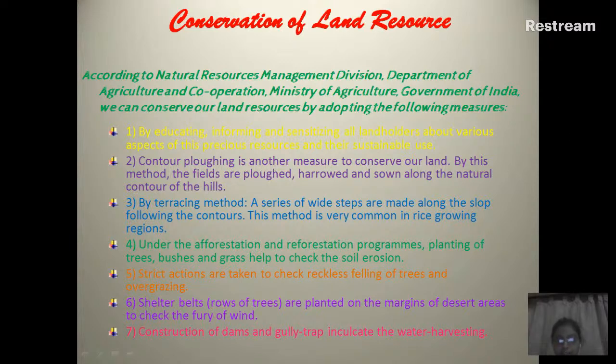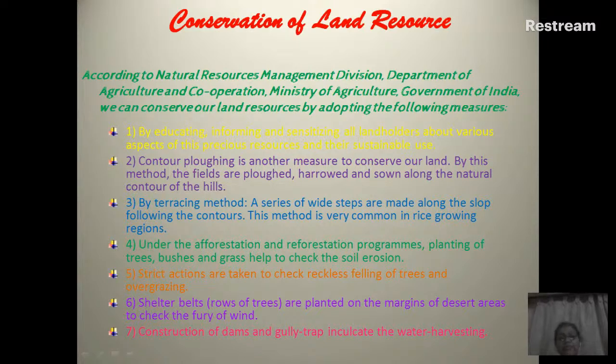Now, first I would like to tell you something about this conservation of land resource. The first measure is educating, informing and sensitizing all landholders about various aspects of this precious resource and their sustainable use.